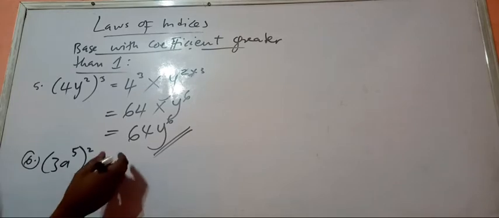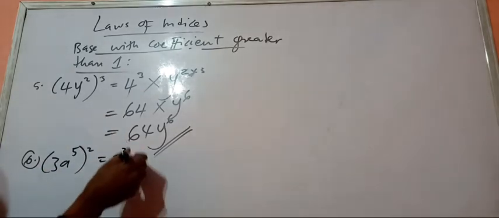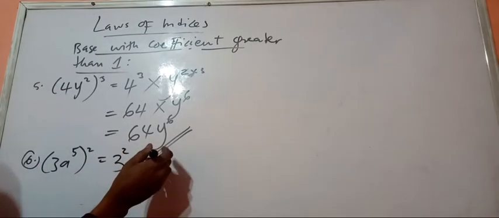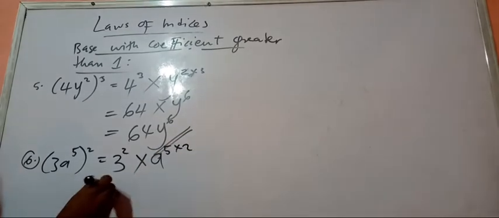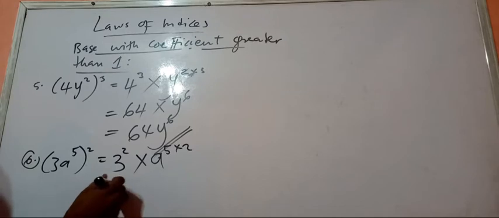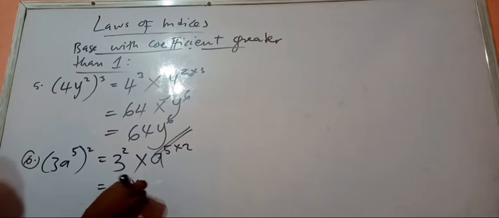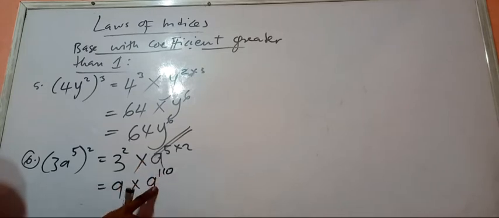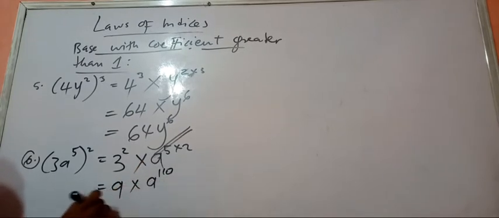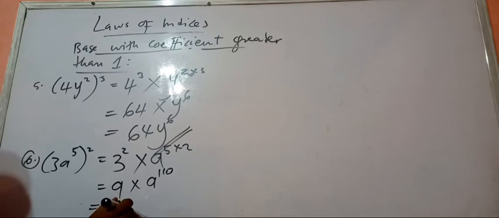What do we do? This is 3 raised to power 2 multiplied by a raised to power 5 times 2. So we have 3 times 3, 9, multiplied by a raised to power 10. So the final answer is 9a raised to power 10.